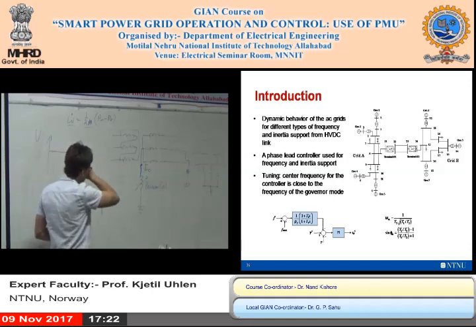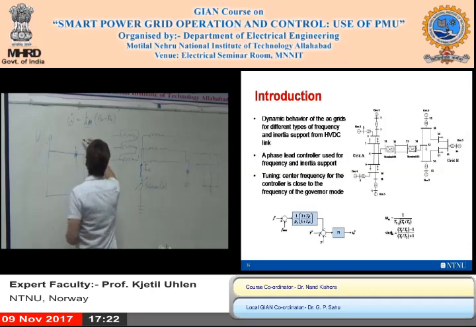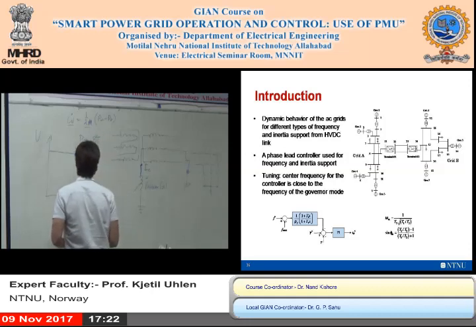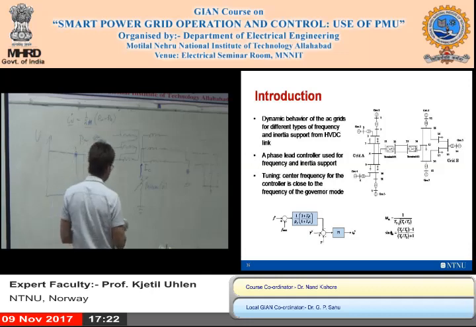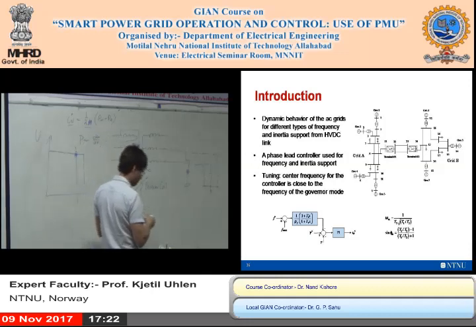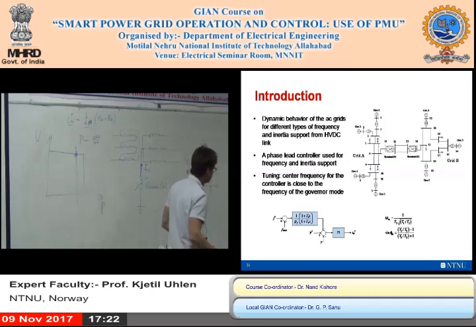So if we want to emulate inertia, we need to provide power that is proportional to the rate of change of speed. That can be done with a proportional plus derivative controller, and these are tuned in a specific way to do that. It's tuned to help the governor, sort of damp the governor mode.